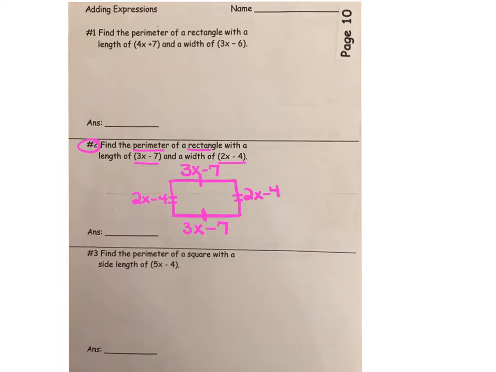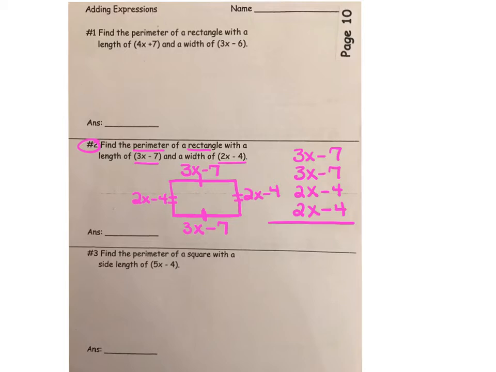Now it's time to stack and combine and find the perimeter. 3x minus 7, 3x minus 7, representing the top and the bottom, and then the left side, 2x minus 4, and the right side, 2x minus 4. Draw a line and term combine.